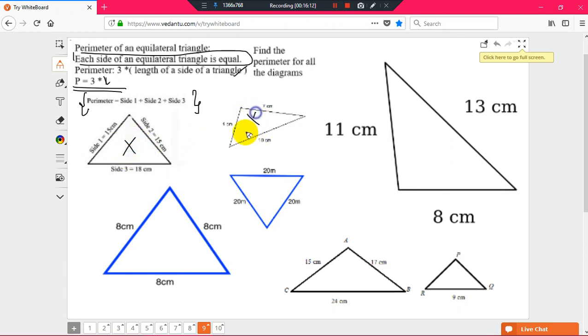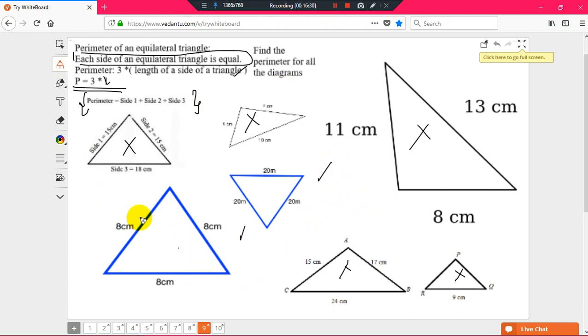Not this, not this, not this. We are going to find only these two triangles, because the others are scalene and isosceles triangles.